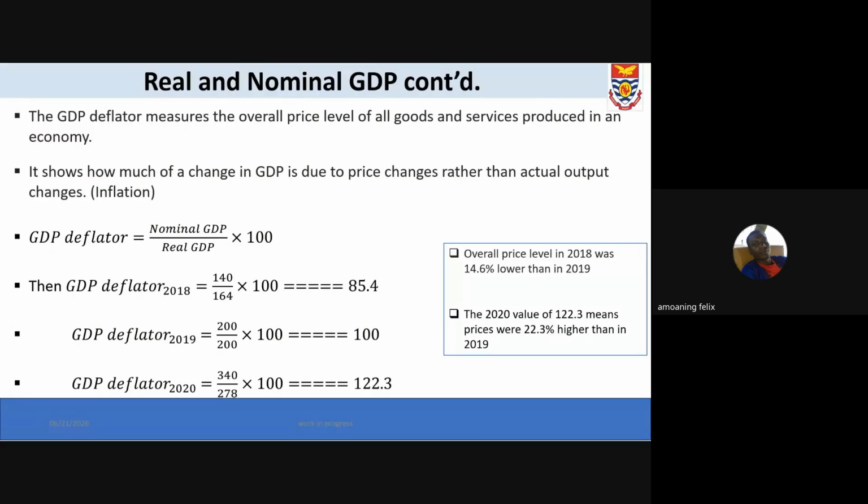When they ask you to calculate the growth rate, the approach is just the same. It is growth rate from each year to the next. Let's say calculate the growth rate from 2015 to 2016.